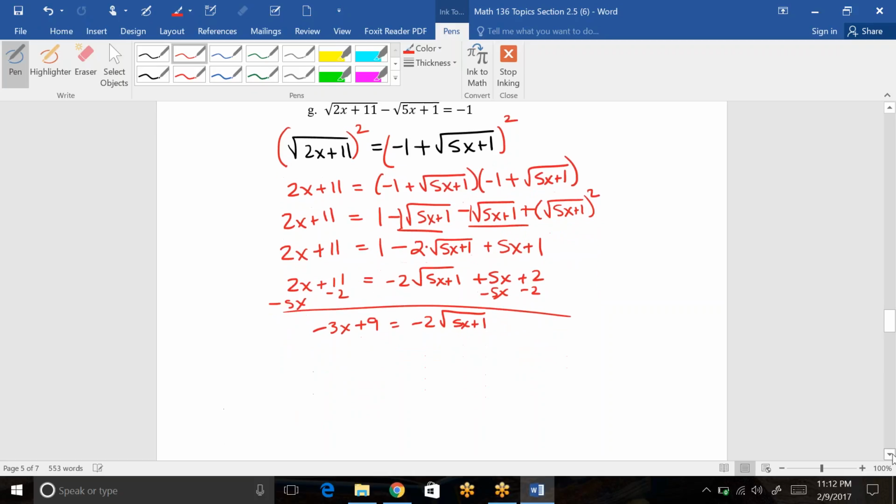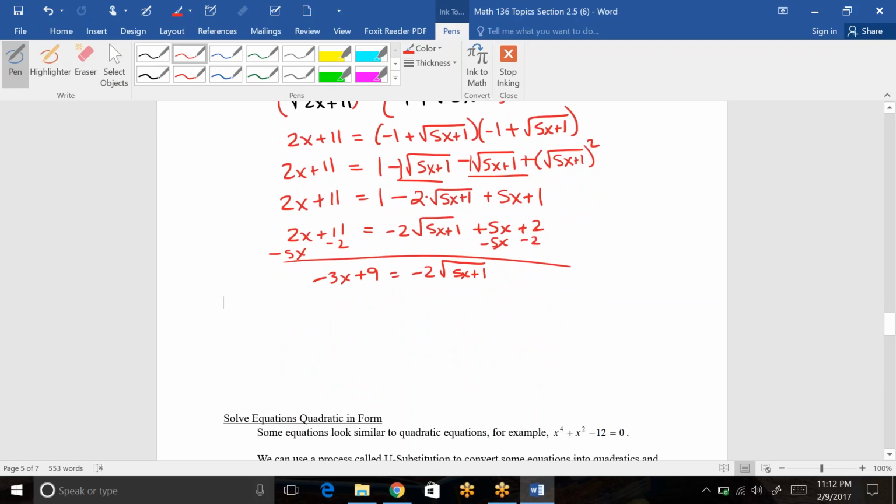And this is where you go, oh no, I still have a radical. So this is where we have to, what I call lather, rinse, repeat. Some people will divide the -2 over because they really want that radical isolated. Unless this number divides into those two evenly, I don't suggest that because you'd be creating fractions.